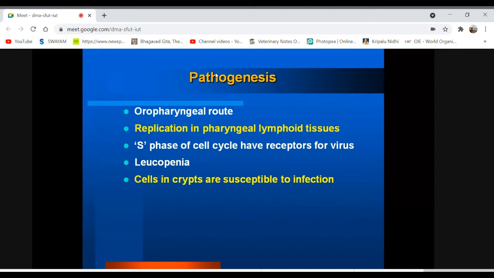So there will be leukopenia, a reduction in the number of WBCs, and the cells particularly in the crypts of the intestinal epithelium, the mucosal layer, are mostly affected, desquamated, and destroyed. That's why these cells are highly susceptible to severe infection in the GI tract, with severe desquamation, destruction, and even necrosis of the villi, microvilli, and the crypts.